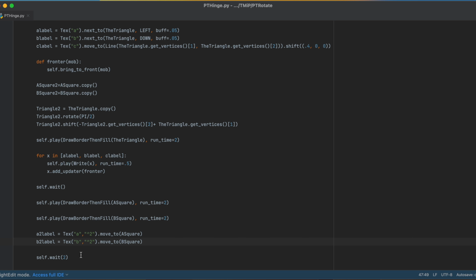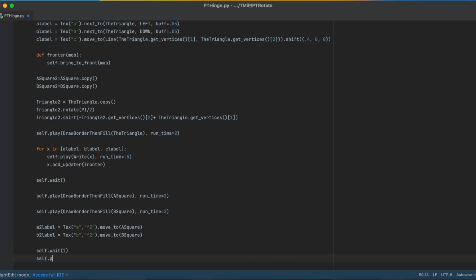Yeah, there we go. And then once I draw those squares, I need to wait 1 second. Then I want to self.play. I want to transform matching shapes. I want to take A label and I want to move it to A2 label, the 0th part. So that's going to move it to this thing right here.